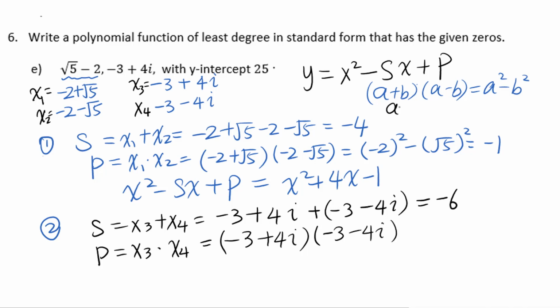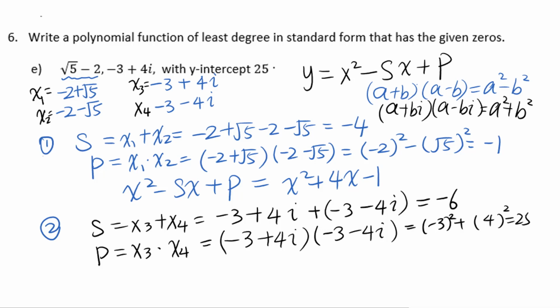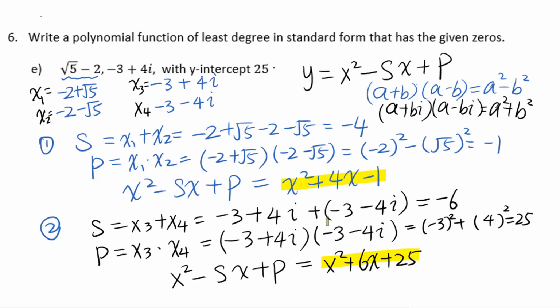Use the formula a plus bi times a minus bi equals a squared plus b squared. So we have negative 3 squared plus 4 squared equals 25. Then x squared minus sx plus p equals x squared plus 6x plus 25. So we figure out these two quadratic functions with x1, x2, x3, x4 as the roots separately.